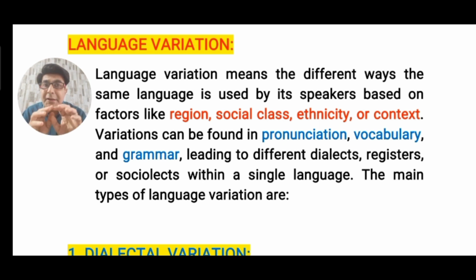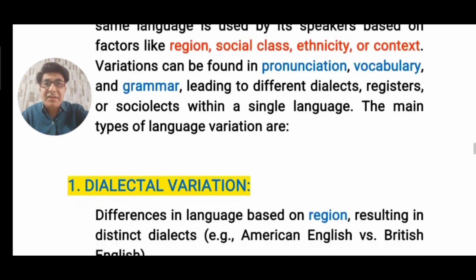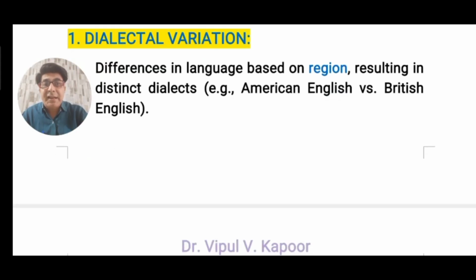You find variations in pronunciation, sometimes in vocabulary, and sometimes in grammar, which leads to different types of language variations. Basically there are 4 types that we want to understand today. The first variation is dialectical variation.